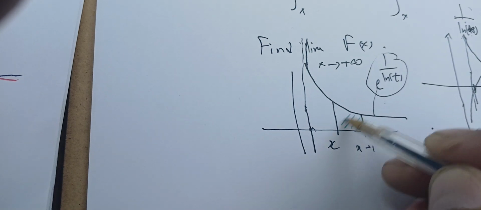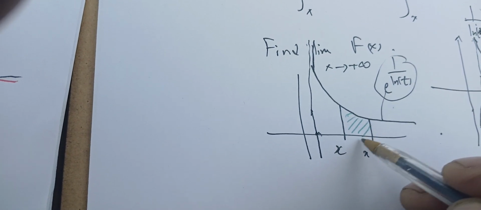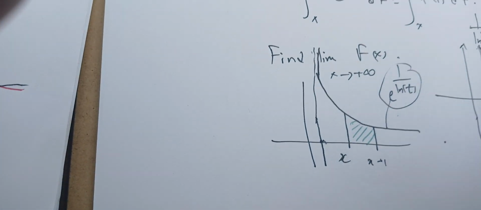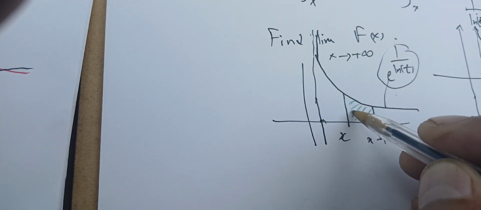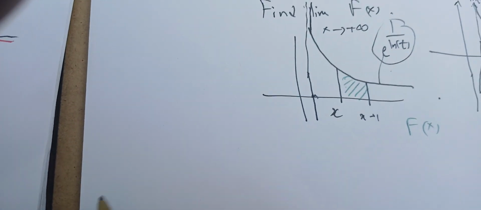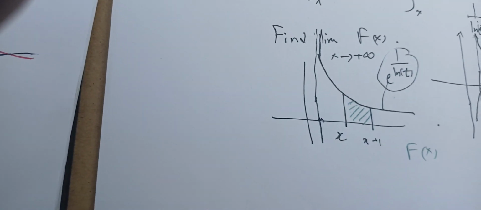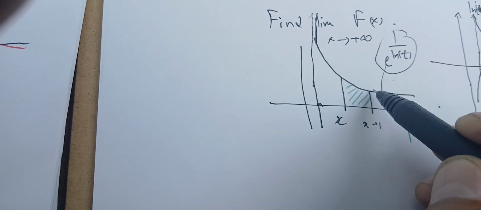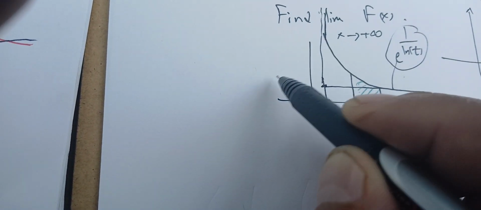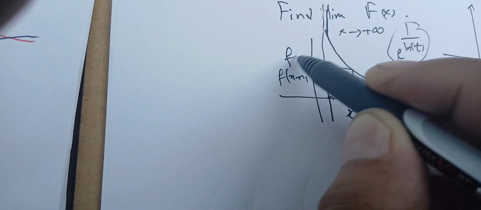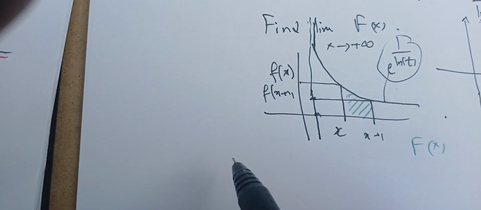So this is the area, and we assume that we are fixing x for now; we're gonna let it change. Okay, so this is big F of x. And we can see that this function is decreasing. This is small f of x plus 1. This is small f of x.